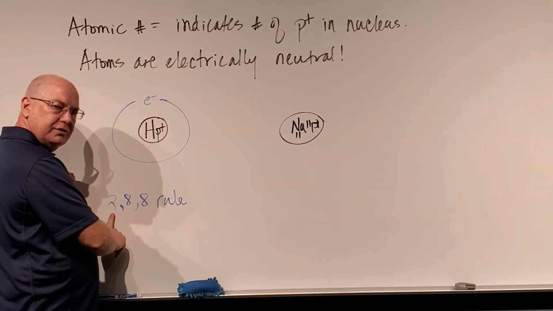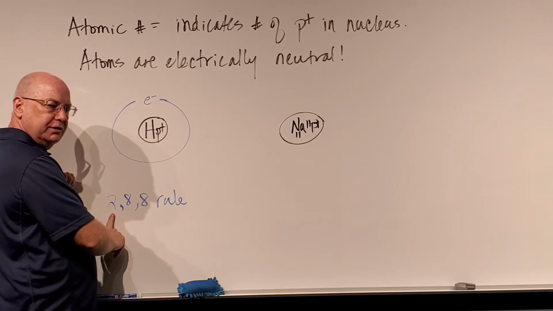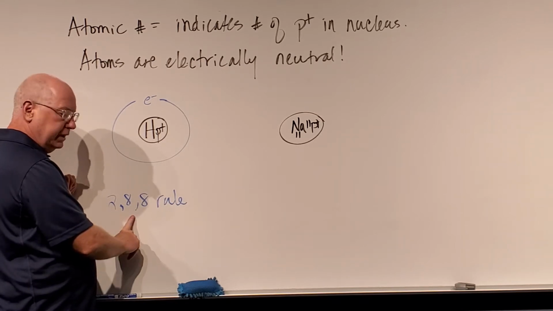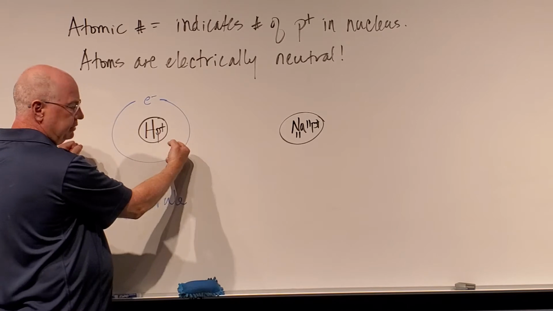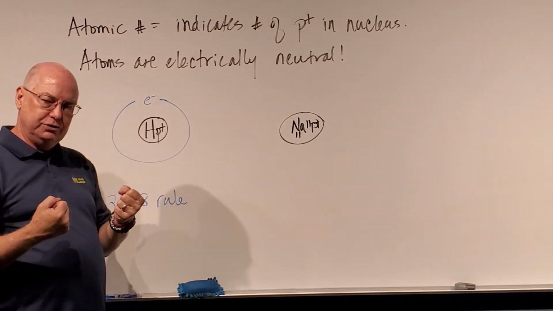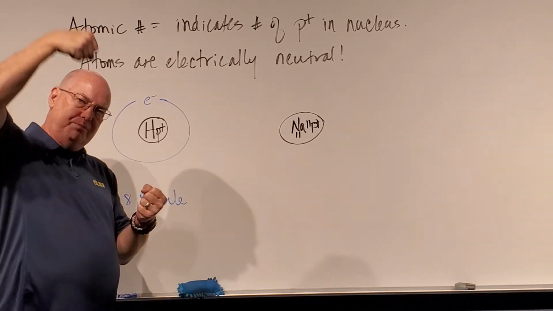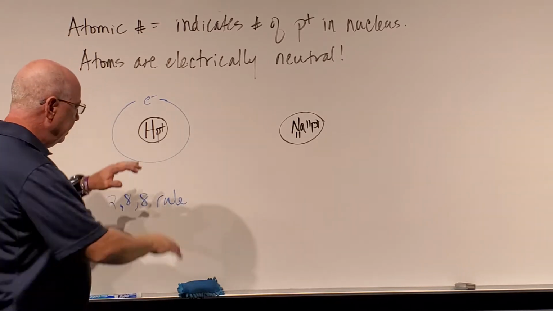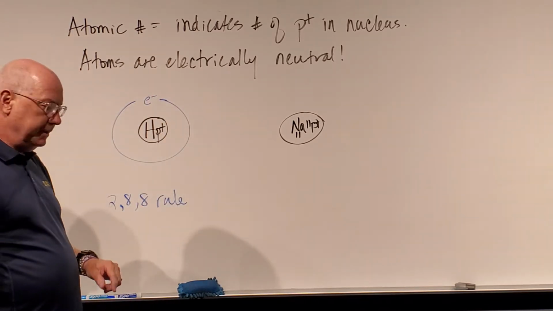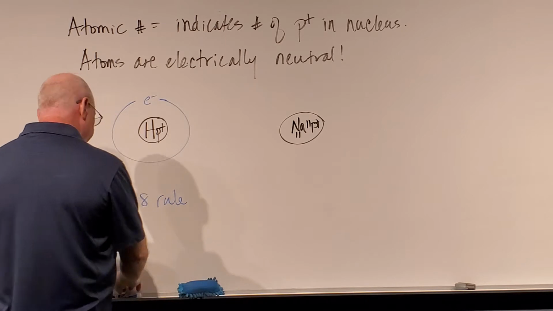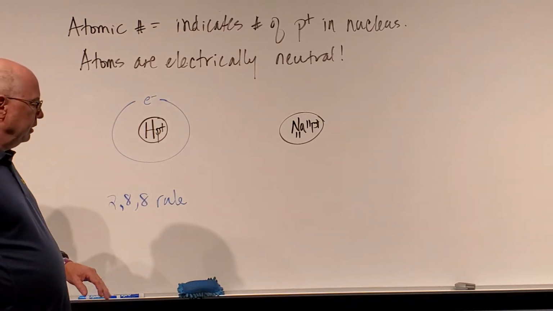The first electron cloud or orbital can only hold 2 electrons. If I try to stick a third one in an orbital that can only hold 2, it will pop out into a new orbital and it will whiz around in another one. Okay? Let's just stick with sodium.